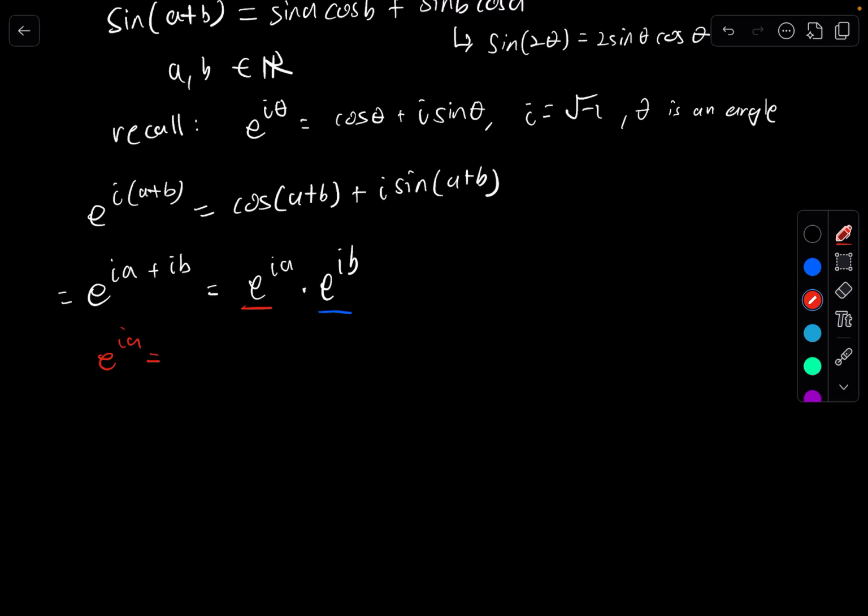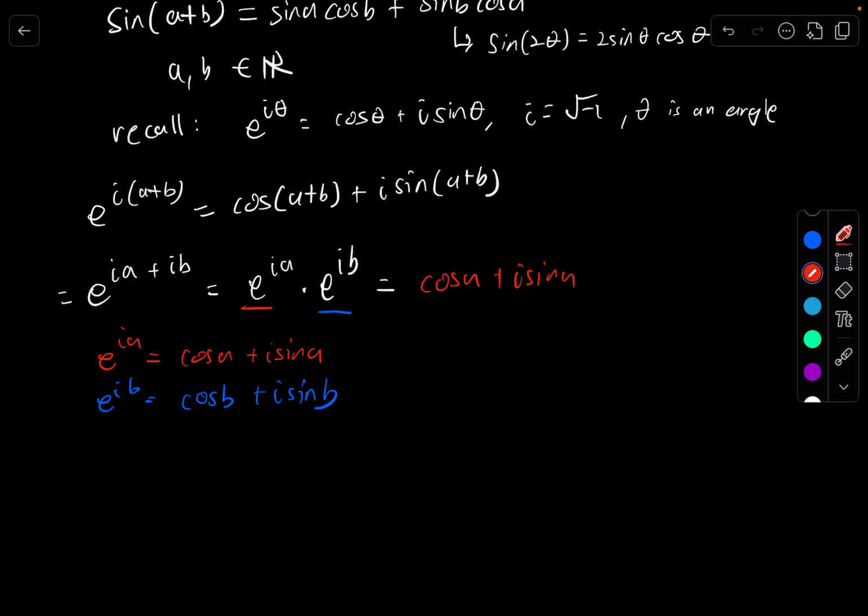So e to the iA is just cosine A plus i sine A. And e to the iB is just the same thing with B's instead of A. Okay, so this is really equal to cosine A plus i sine A, all multiplied by cosine B plus i sine B.